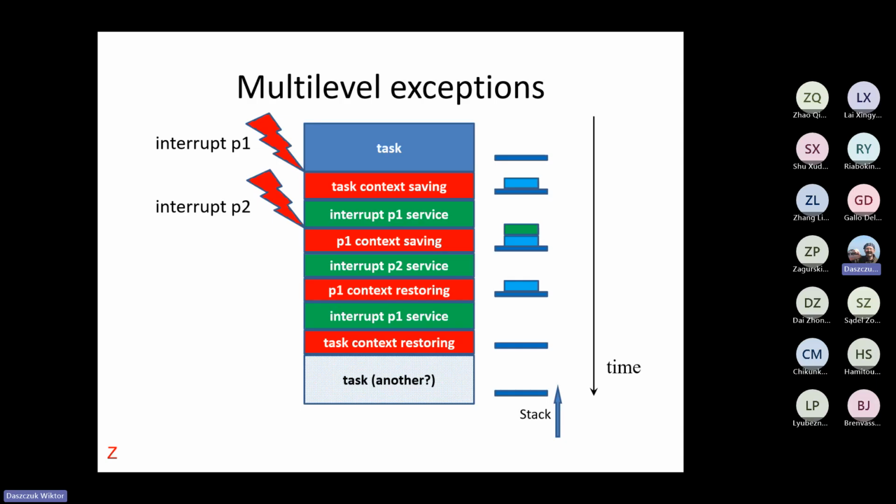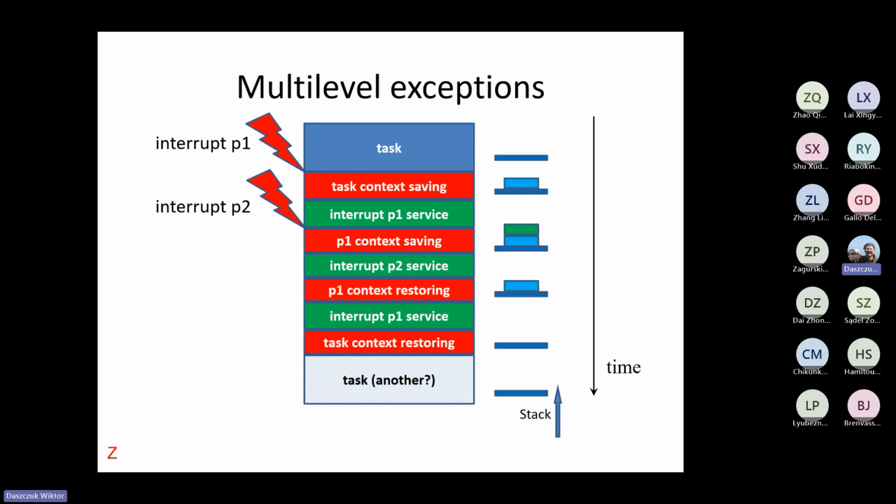We restore the context of P1, so it's taken from the stack, and finish serving the P1 interrupt. So P1 is partially here and partially here. After finishing P1 service, we restore the context of the task from the stack, so now the top of the stack is as before.